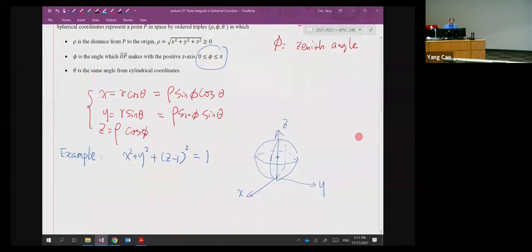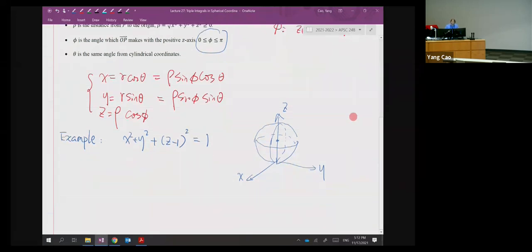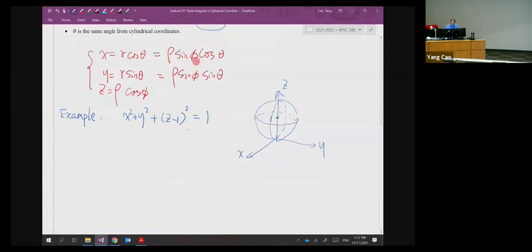So now the question is, what would be a spherical coordinate expression for the same sphere? This is what we're going to find out. Let's substitute the expression for x, y, z into the left side of this spherical surface here. I substitute x with rho sine phi cosine theta, y with rho sine phi sine theta, and z with rho cosine phi.